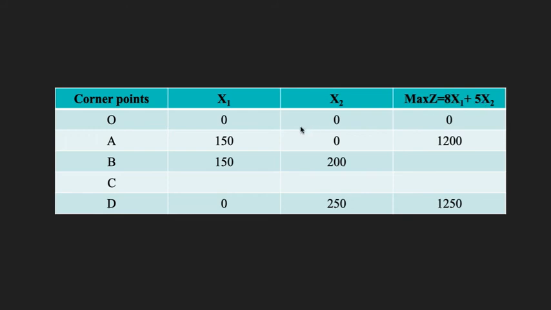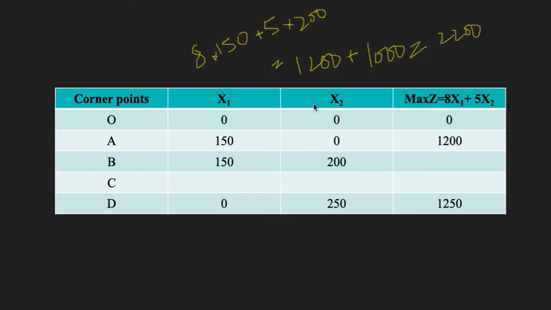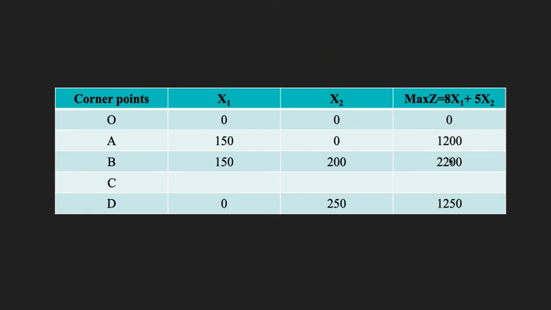It is 8 into x1, which is 150, plus 5 into x2, which is 200. Now we have 8 into 150 plus 5 into 200. 8 into 150 is 1200 plus 5 into 200 is 1000, and the total is 2200. So we got here 2200.